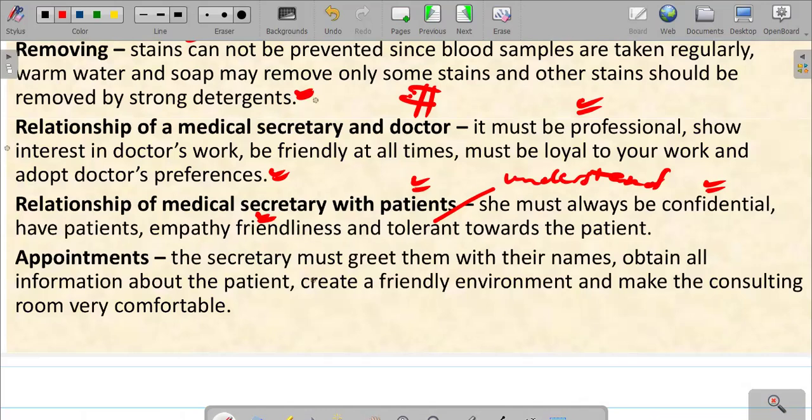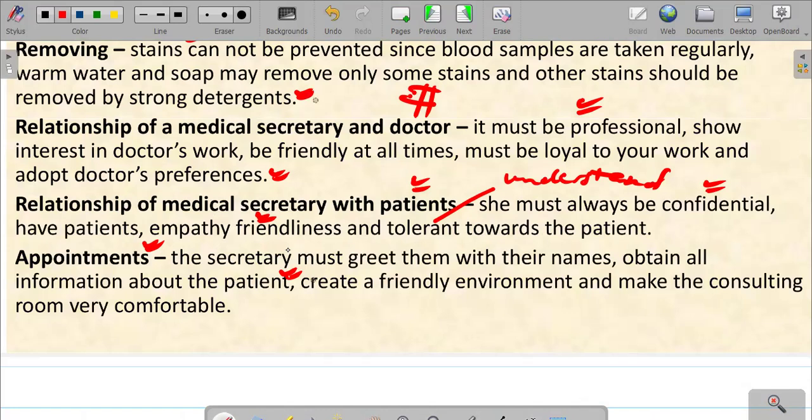Let's talk about appointments. The secretary must greet them with their names and obtain all the information about the patient. When patients are making appointments, it is important that the medical secretary greets the patients, knowing their names.